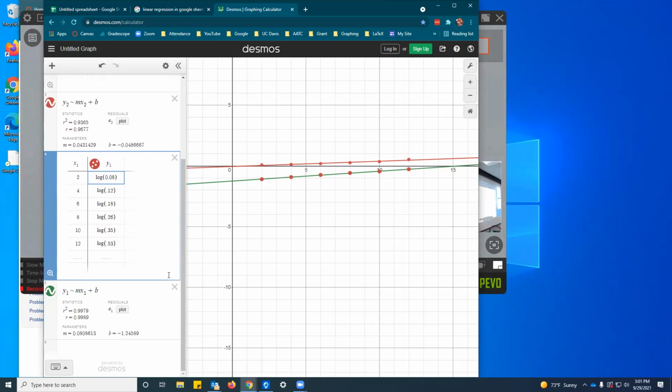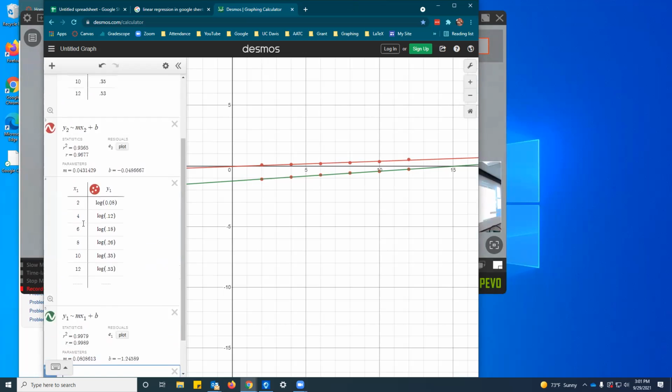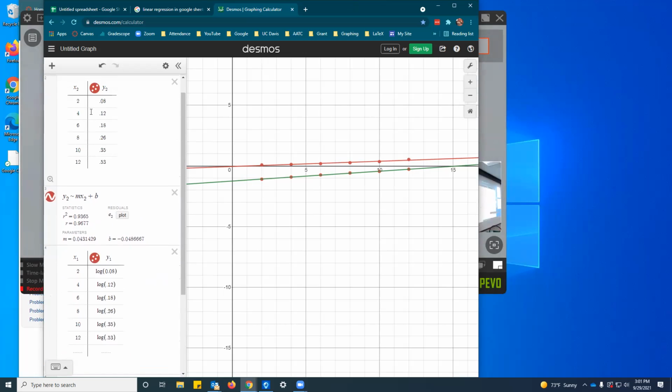I'm going to look back at my original data, since I want to know if it's semi-log, I want to know if it's a good exponential fit, right? Because it would have been an exponential graph if it's semi-log linear. And we'll talk more about that specific aspect of things on Friday.